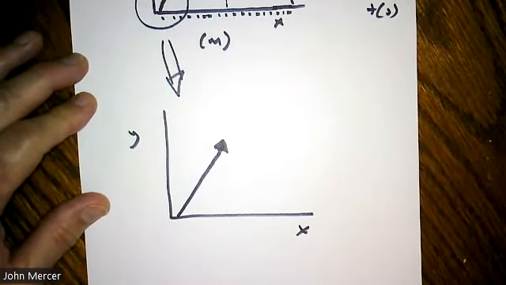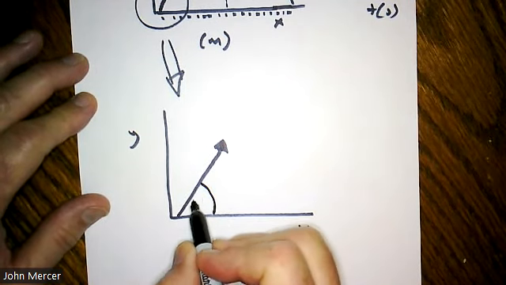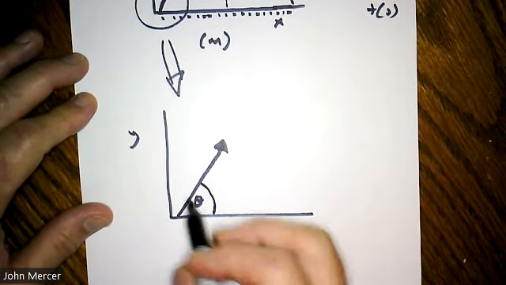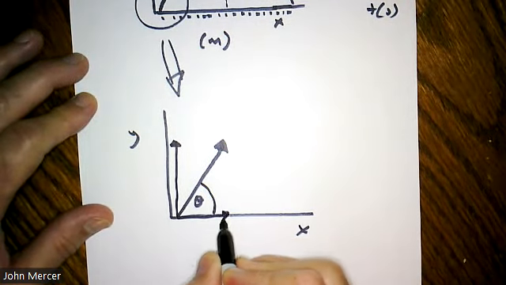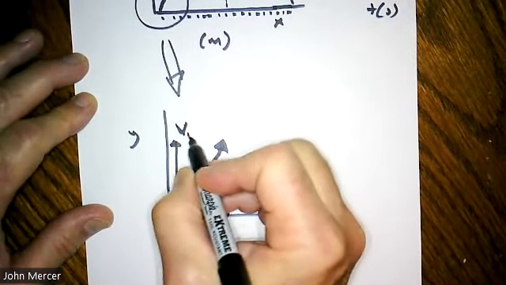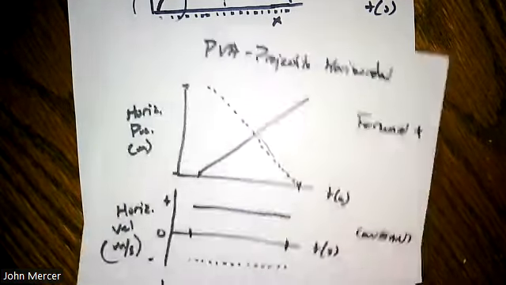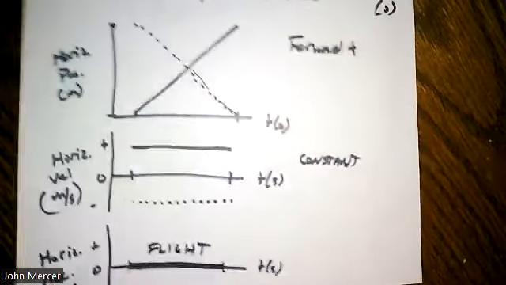So just looking at this section of the curve in really fine detail, zooming in on it, we could then figure out this angle of projection, and from that angle we can figure out initial conditions for velocity in both the X and the Y directions. And then we use those initial conditions to come back to our plots to draw out which line we're actually referring to.